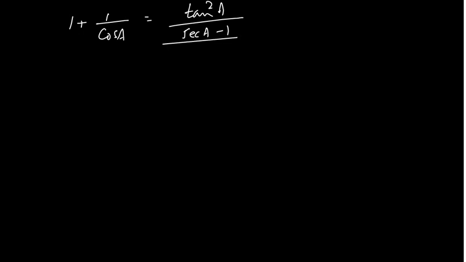So pick the right hand side and substitute tan equal to sin by cos and secant equal to 1 by cos. So you have tan squared A divided by secant A minus 1 equal to sin squared A by cos squared A divided by 1 by cos A minus 1.